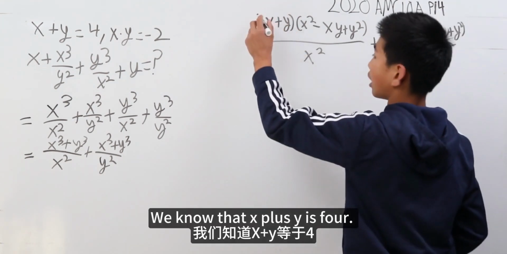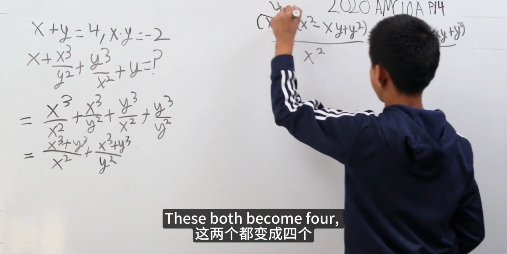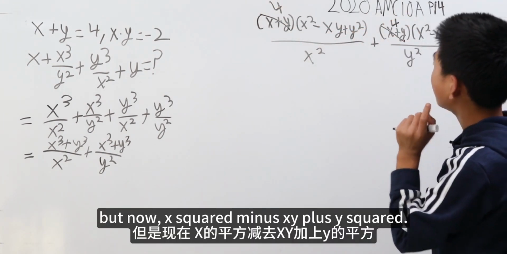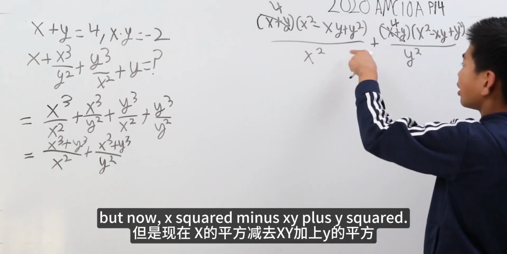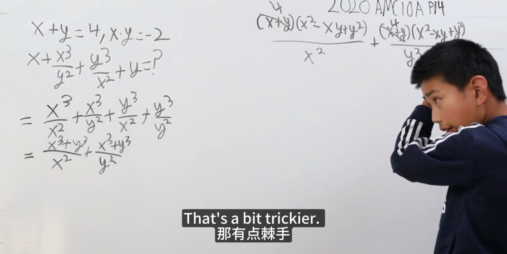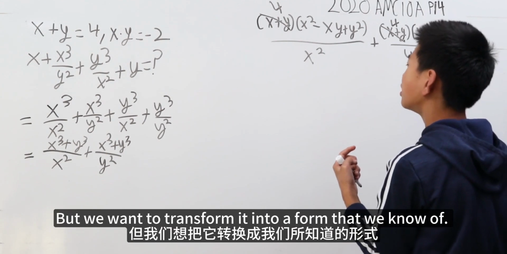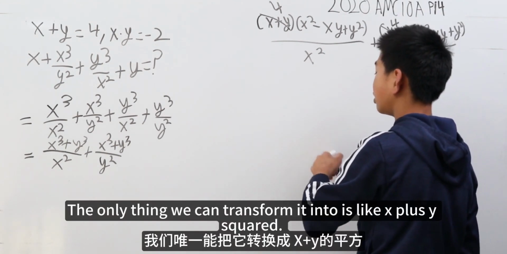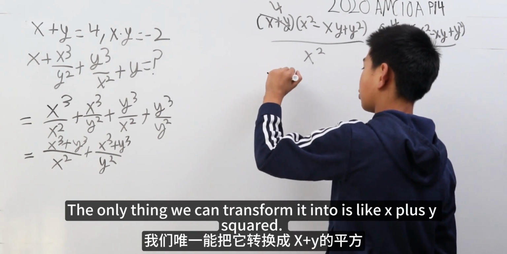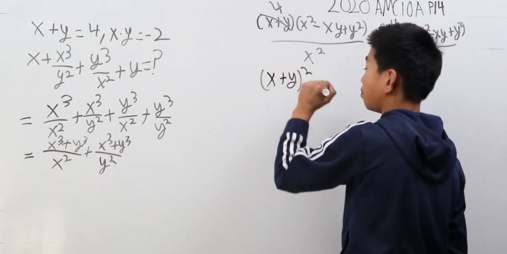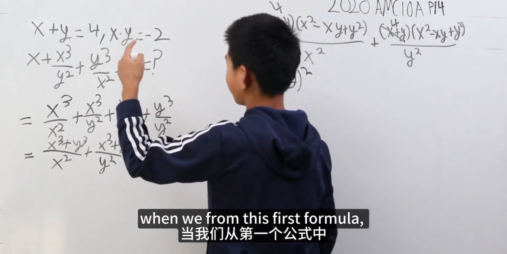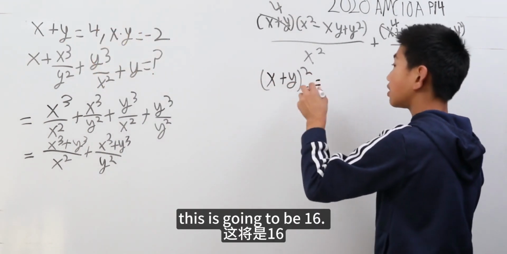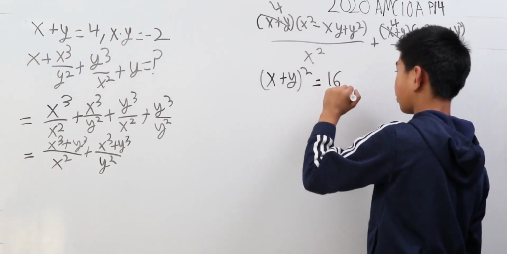Now we can immediately cancel things out. We know that x plus y is 4, so these both become 4. But now x squared minus xy plus y squared is a bit trickier. We want to transform it into a form that we know of. The only thing we can transform it into is x plus y squared, because from the first equation we know that x plus y squared is going to be 16.